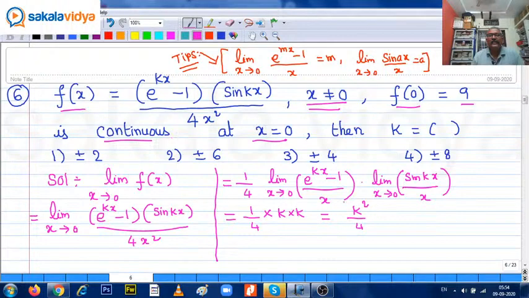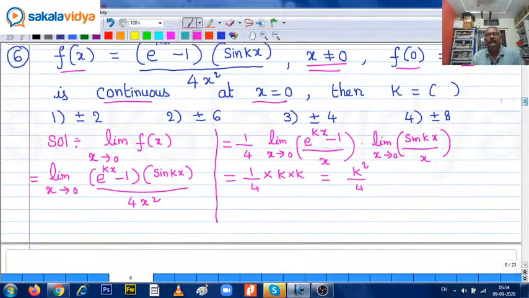Since it is continuous, limit x tends to 0, f of x should be equal to f of 0.